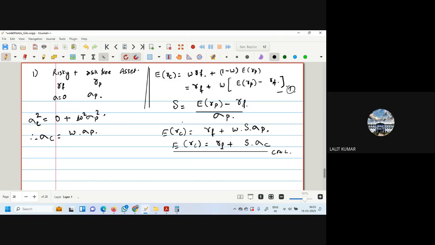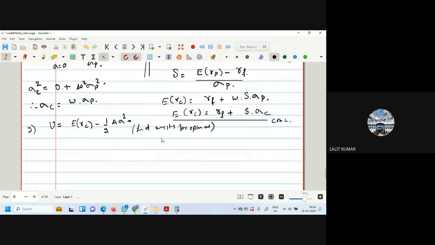Okay. Number 2, if some utility function has been given to you, so utility function is generally like this, ERC minus half A sigma square. So then they will ask you to find weights for the optimal solution.